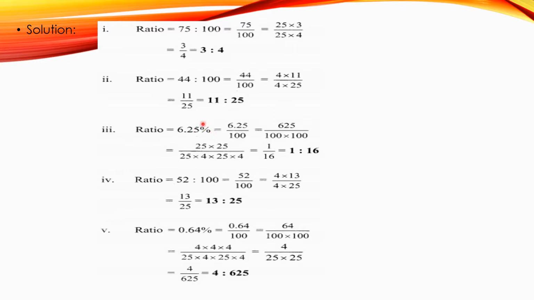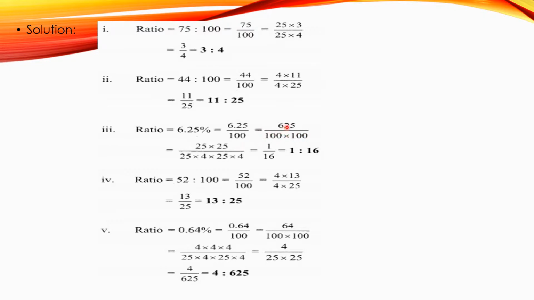Question number 3. The percentage is given as 6.25 percent. Now percentage can be written as 6.25 upon 100. Now for removing the decimal, we multiply the numerator and denominator by 100, since after the decimal point we have two digits. So when you multiply 6.25 with 100, we get 625. So it will be 625 upon 100 into 100.